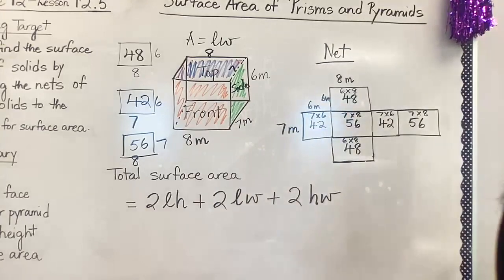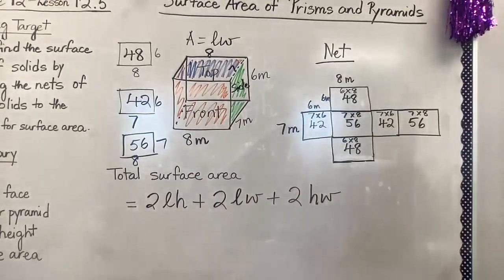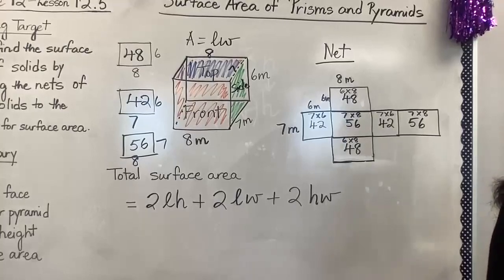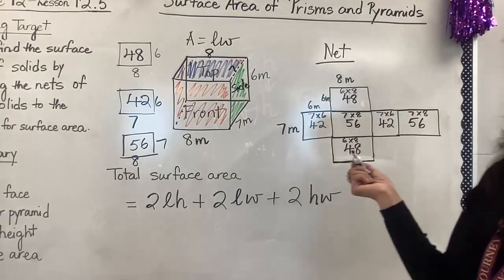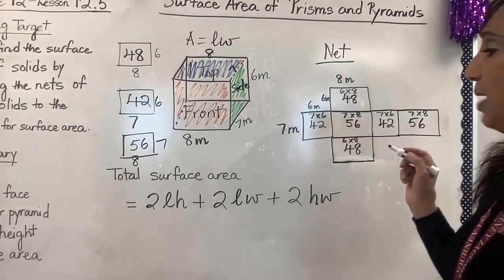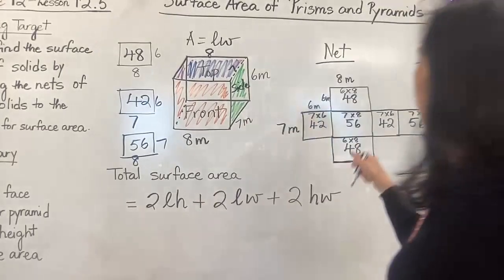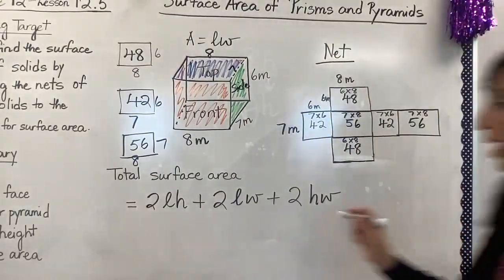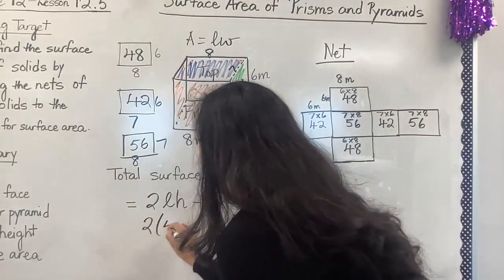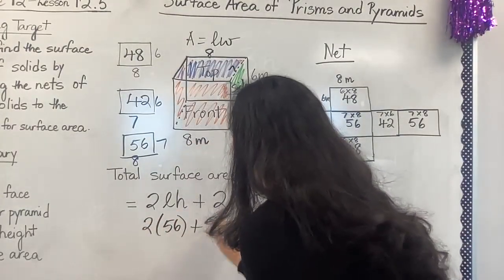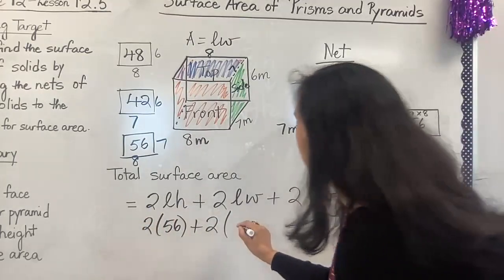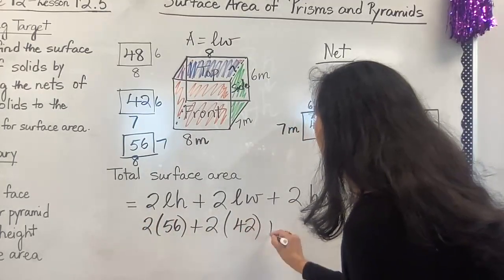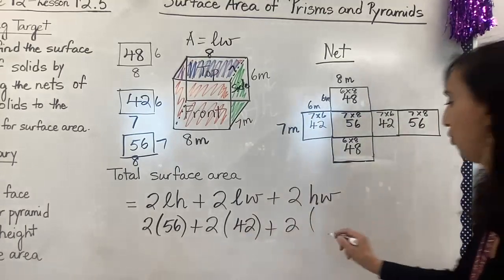Okay, so now if I was finding the surface area of this shape, all I would do is 56 times 2. I could do 2 times 56, or I could do 56 plus 56, right? It doesn't matter. So I could do 2 times 56 plus 2 times 42 plus 2 times 48.